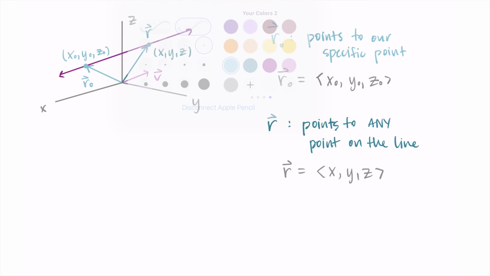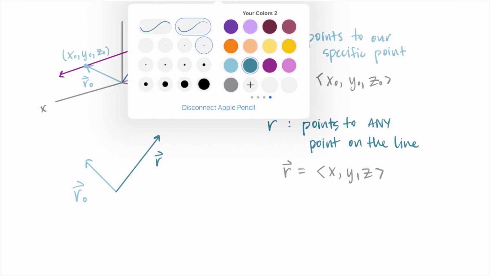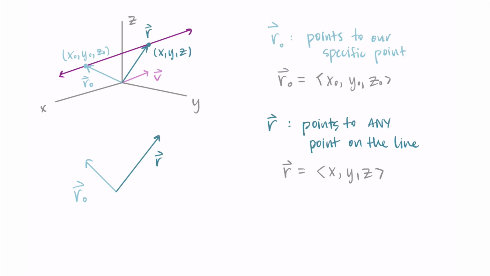So given these vectors we've drawn, I want to blow them up here and look at them big. We have r0 and we have r. And you might notice that there's a vector going between them that is going to perfectly fall on our line.